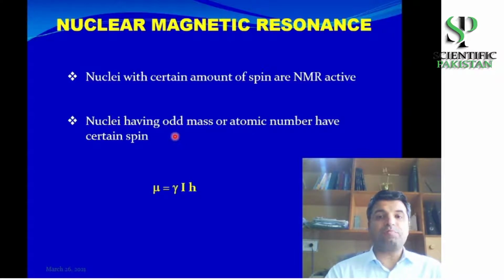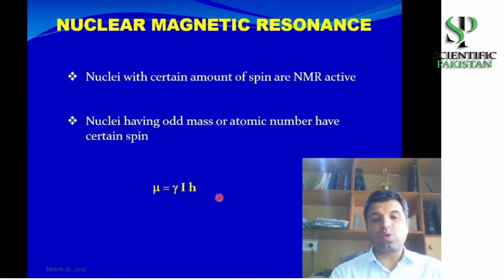Or if its mass is odd. Mass number is the sum of the protons and the neutrons. So if the sum of the protons and the neutrons is odd, then that nucleus will also have some amount of spin. So those nuclei which have an odd atomic number or odd mass number will have spin, and these are the nuclei which can be studied in NMR spectroscopy.